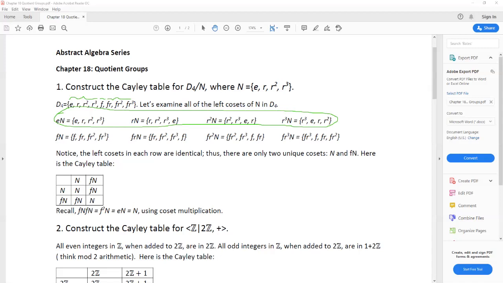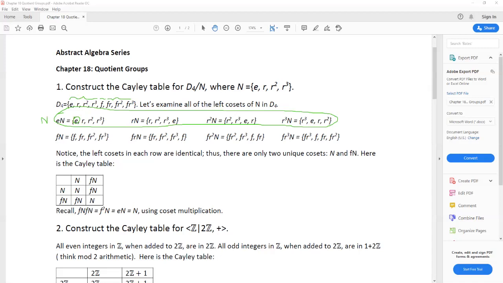So this is one set. Since any element in the set can represent the coset, for simplicity, I'm going to let this top row here simply be n. If you look at the second row, these are the symmetries that occur once you flip the square. And notice that Fn operates in the same manner as Frn, Fr squared n, and Fr cubed n.